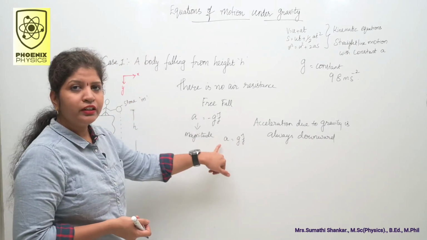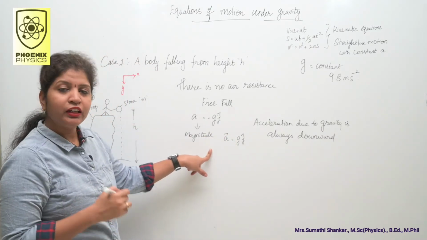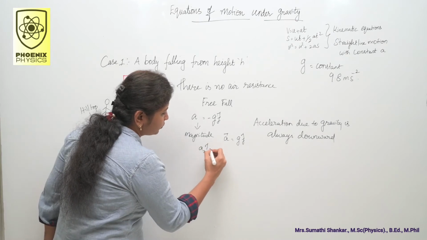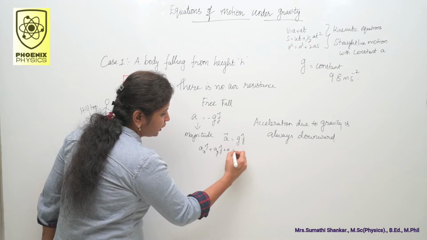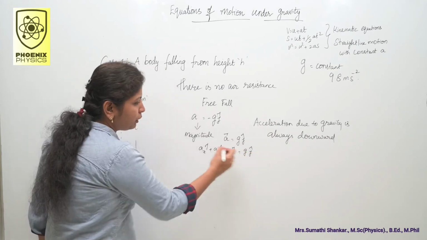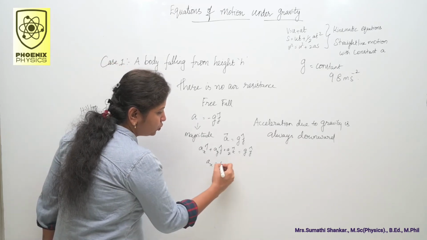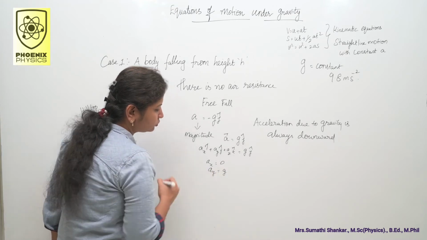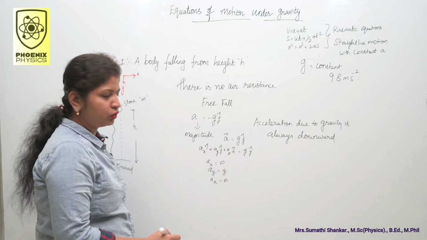How do you write a vector? a is a vector quantity, right? So how do you write a in terms of components? Ax i vector plus Ay j vector plus Az k vector, that is equal to g j vector. Compare the components. Here Ax is equal to 0, Ay is equal to g, then Az is equal to 0.